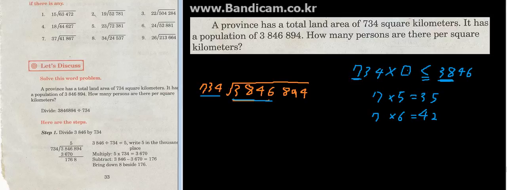So let's try putting 5 here. Let's multiply. 4 multiplied by 5 is 20, so we place 0 and carry 2. 3 multiplied by 5 is 15, plus 2 is 17, so we place 7 and carry 1. 7 multiplied by 5 is 35, plus 1 is 36. Now we subtract: we borrow, so 6 becomes 14, and 14 minus 6 is 8... 7 minus 6 is 1, and 3 minus 3 is 0, and we don't place 0 in front of the number.